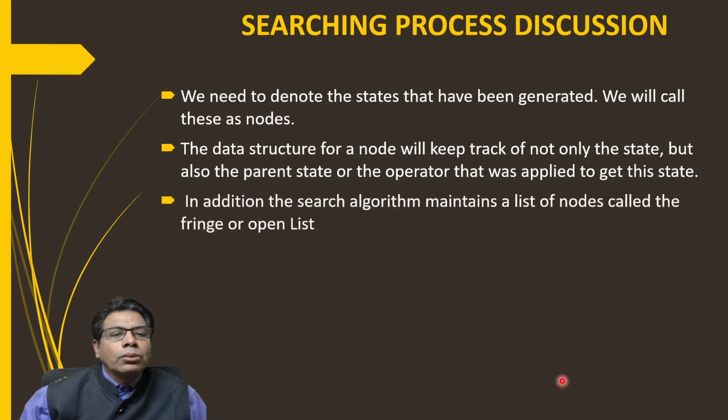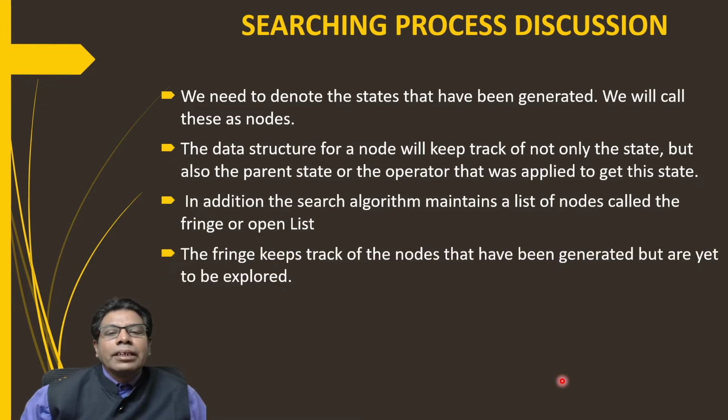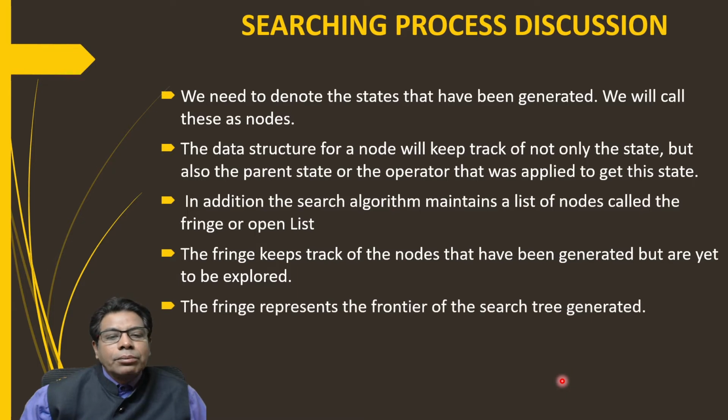Then, in addition to the search algorithm, we have a list of nodes which is called the open list or fringe. This fringe will keep track of nodes that have been generated but not yet explored. The fringe represents the frontier of the search tree generated.